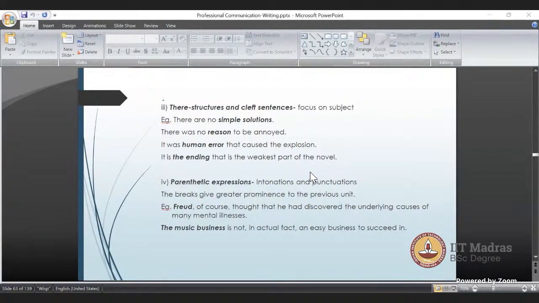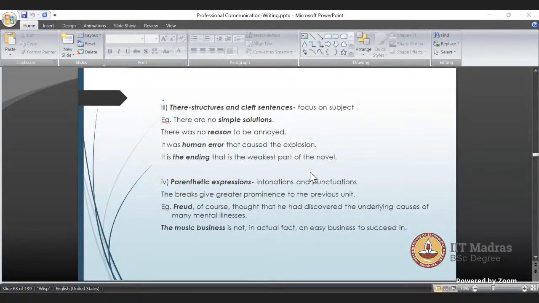So just remember, you have four features that you can use for style or emphasis. To achieve emphasis, you have four methods. One is the end focus, the first one that we discussed. End focus is mostly based on larger sentences.